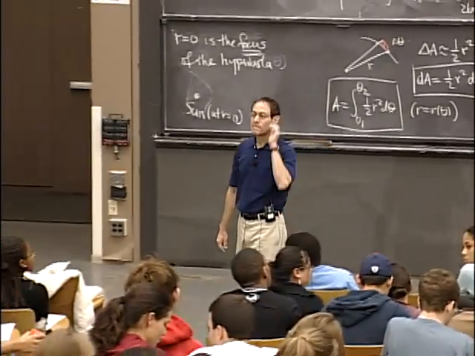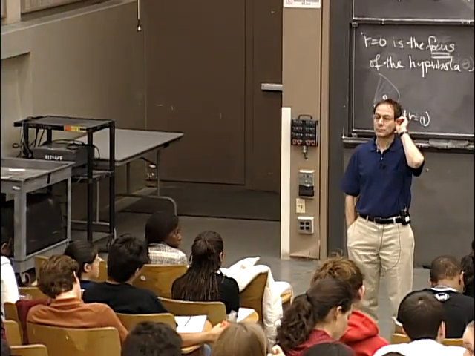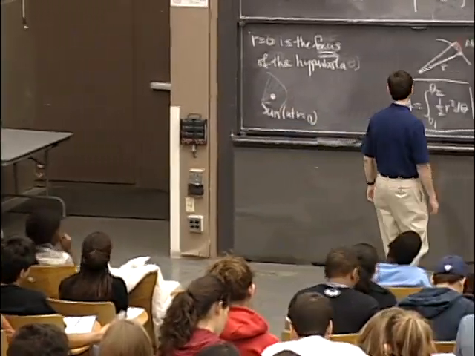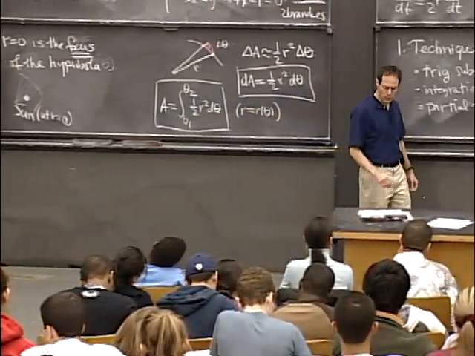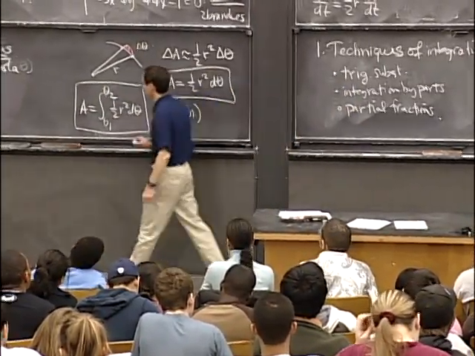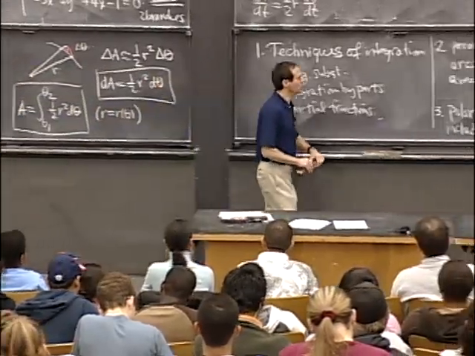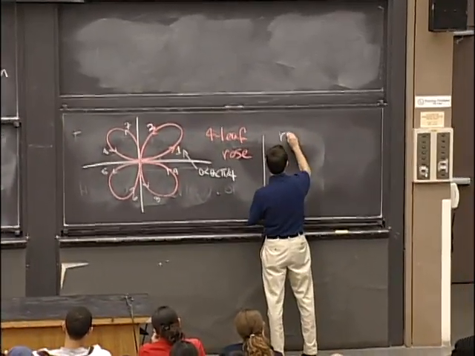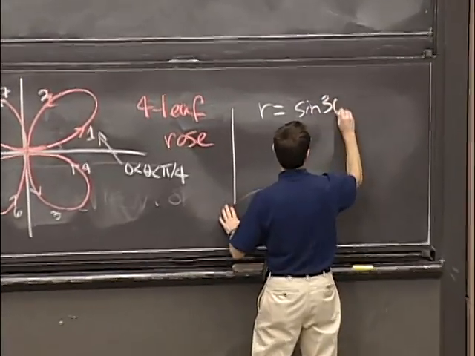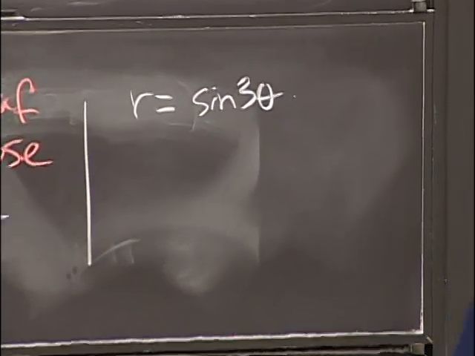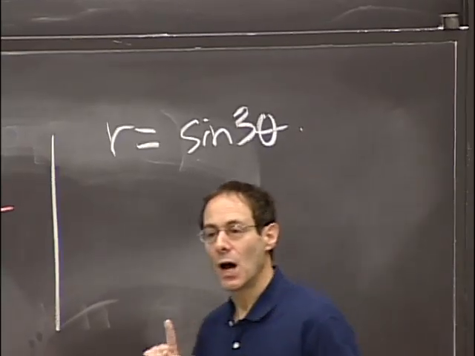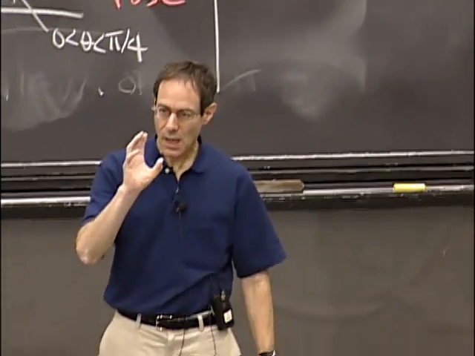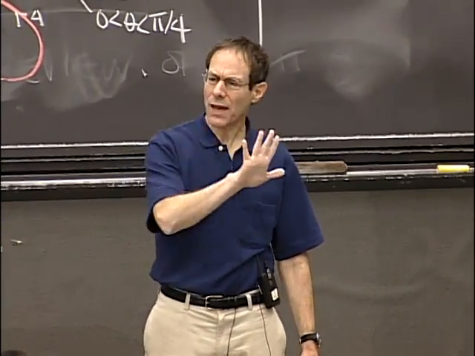Do you expect us to know, for example, r equals 3 cosine 3 theta on the top of our head, or do we have to sketch it? The question is related to this 4-leaf rose here. Suppose I gave you something that looked like this. Would I expect you to know what it is? The fair answer is, if it's this complicated, I only have 2 possibilities.